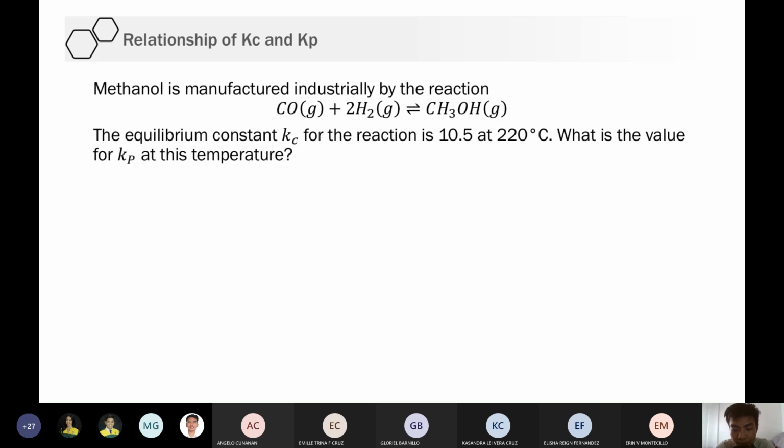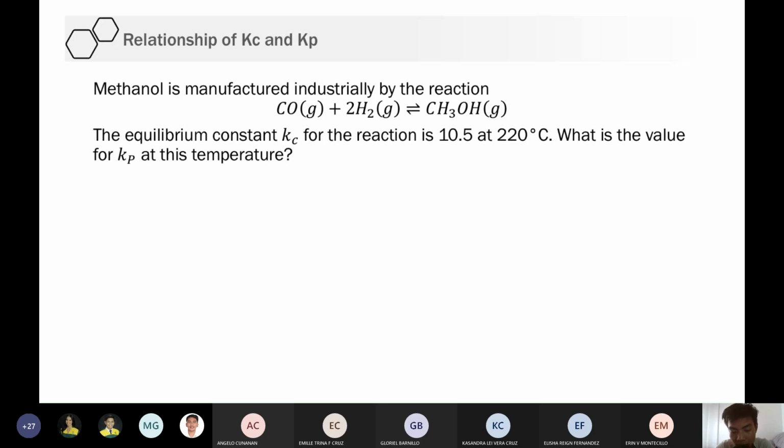Let's have this problem. Methanol is manufactured industrially by the reaction carbon monoxide plus 2 moles of hydrogen gas in equilibrium with methanol. The equilibrium constant Kc for the reaction is 10.5 at 220 degrees Celsius. What is the value of Kp at this temperature? Okay. So, ito na yung relationship ng Kc and Kp.